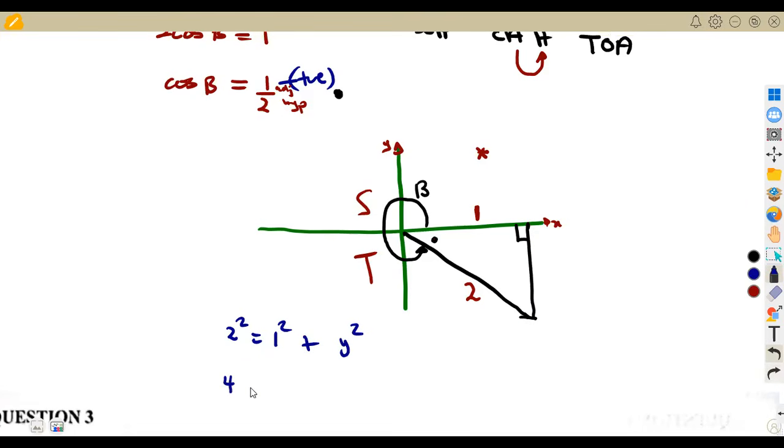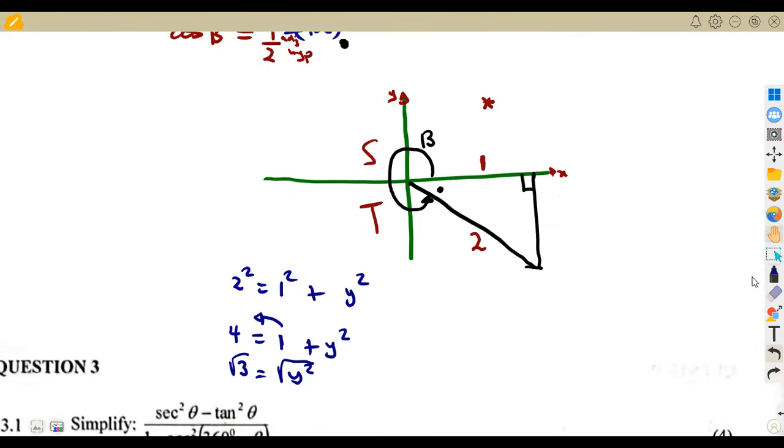So 2 squared, which is 4, is equal to 1 plus y squared. Taking the 1 to the other side gives a negative, so 4 minus 1, which is 3, is equal to y squared. Determining the square root, y is plus or minus the square root of 3. Like I said, because it's below the x-axis, it's a negative.